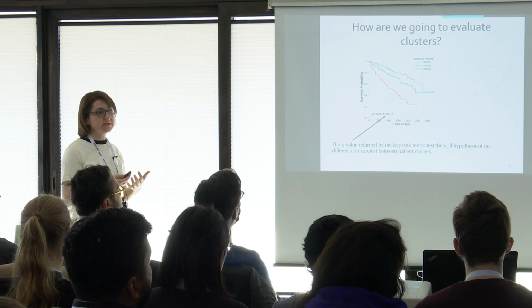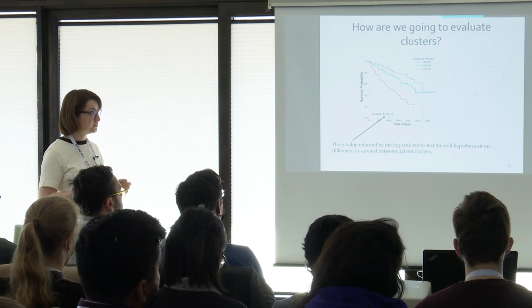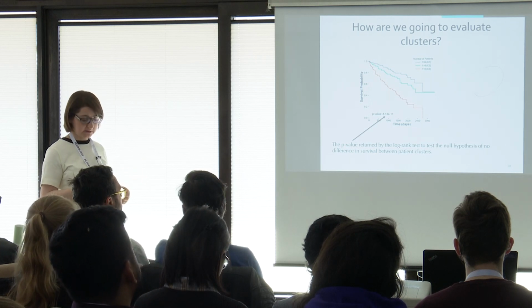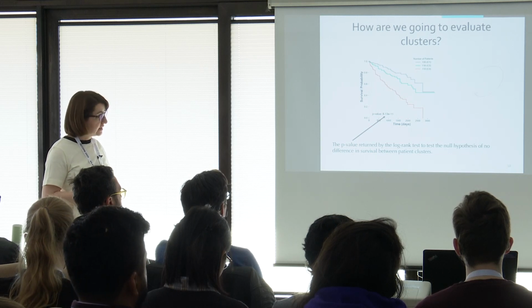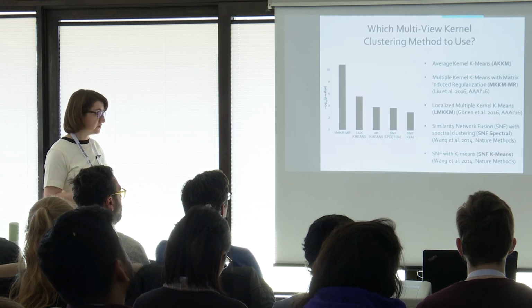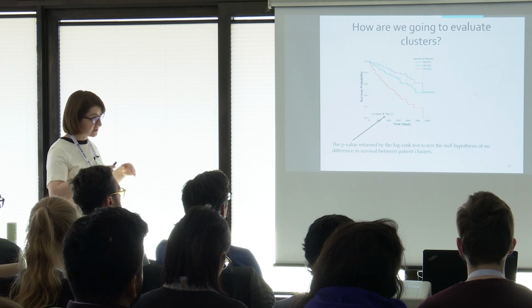If there's a significant difference among the cluster survival distributions, you say that, okay, maybe this is clinically interesting, right? To do that, we use the Kaplan-Meier curves and log-rank test. The smaller the p-value, it's indicative that these curves are more separate from each other.